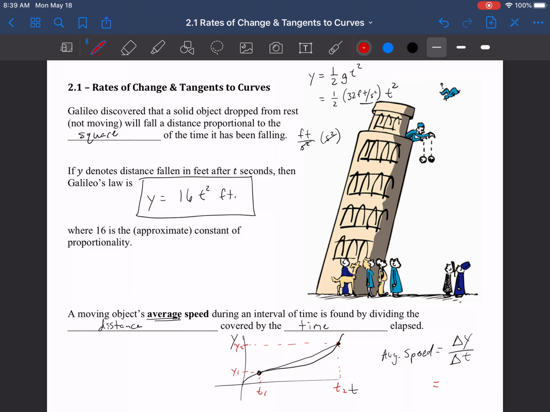So it's second position minus first position, or final position minus initial position, over final time minus initial time, or 2 minus 1. That's what those little triangles out in front mean. It's the Greek letter delta, so delta y over delta t is how that would be read, and that's change in position over change in time. So it's always final minus initial whenever you see that. Delta x would be x final minus x initial.